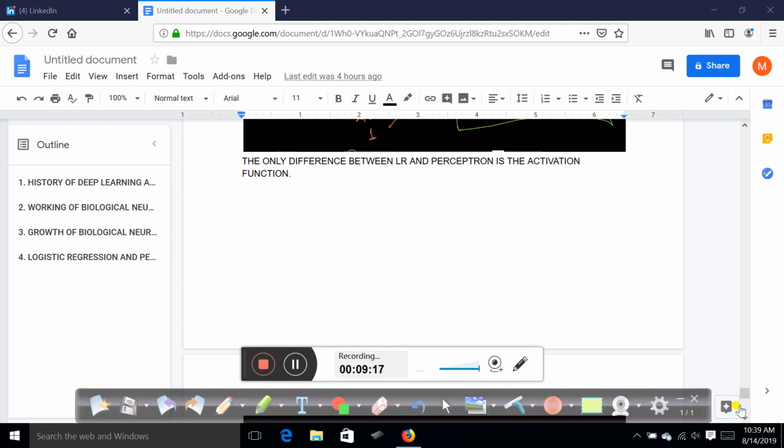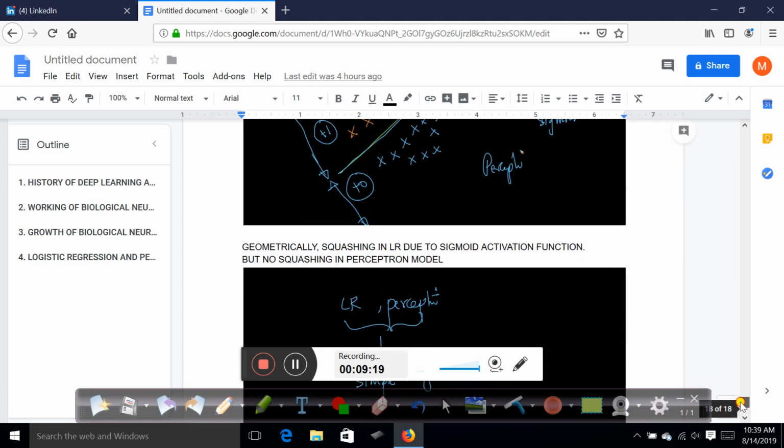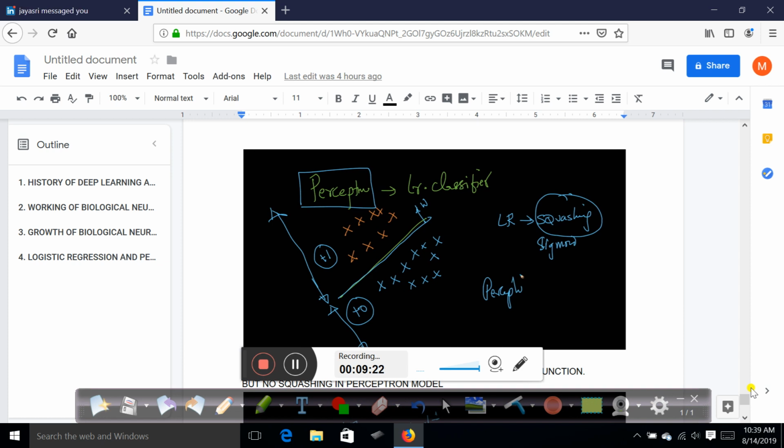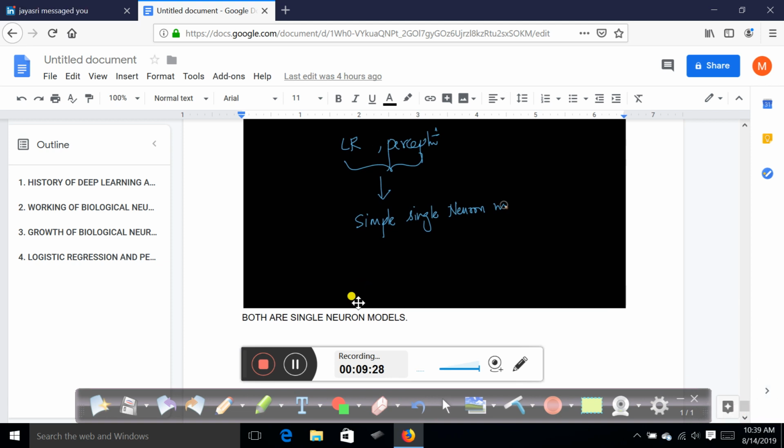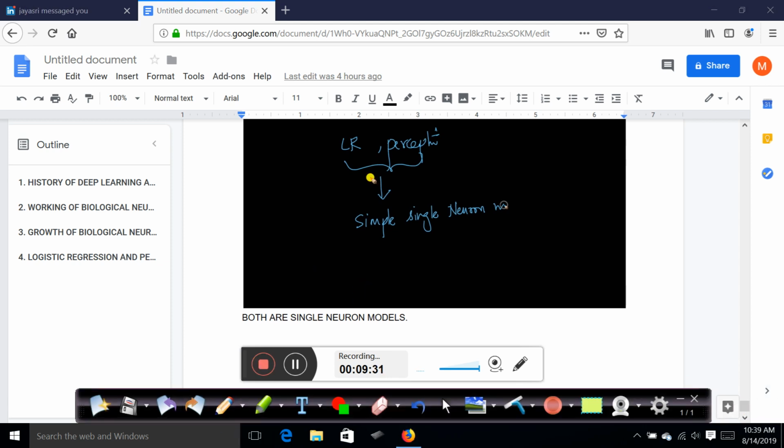So we are near the end. This is our conclusion: both logistic regression and the perceptron, as we have seen, are simple single neuron models.